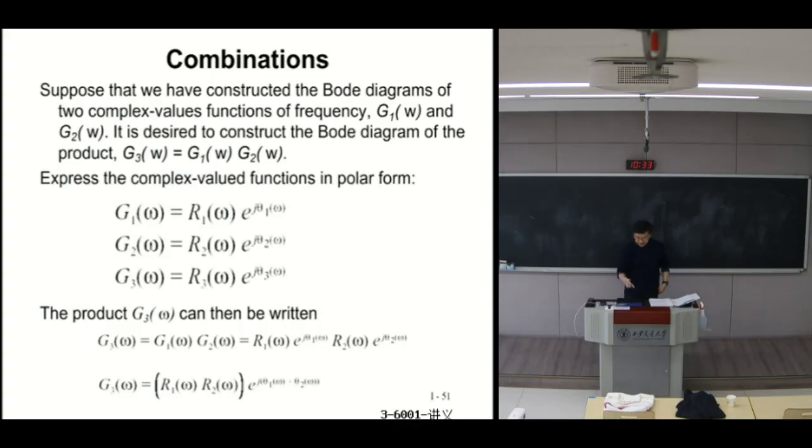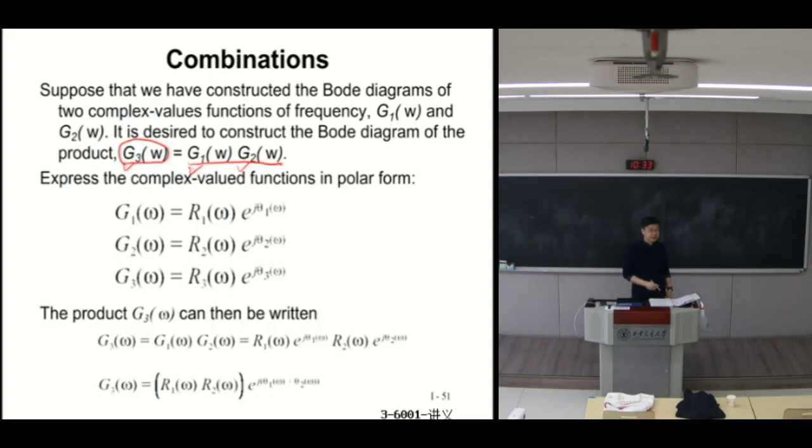For example, if a transfer function G3 can be represented by the product of G1 and G2, then based on the Bode plots of G1 and G2, how do we get the Bode plot of G3?